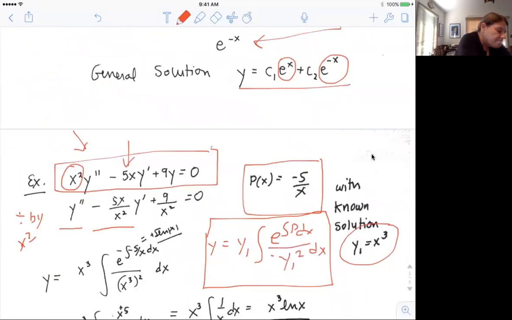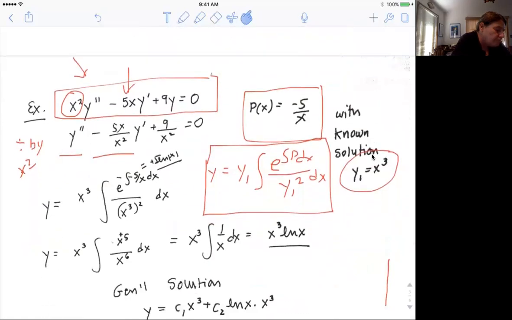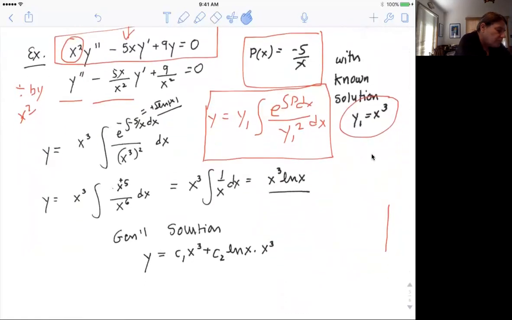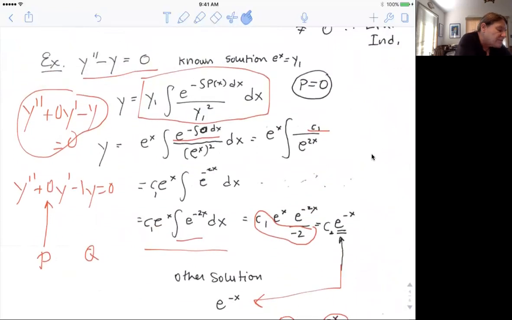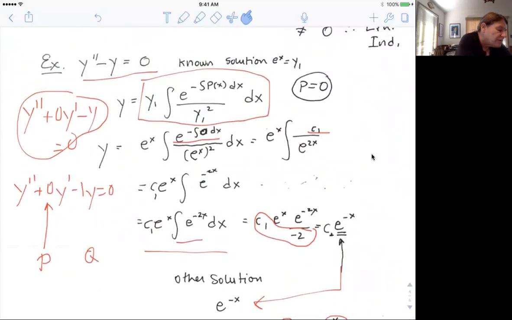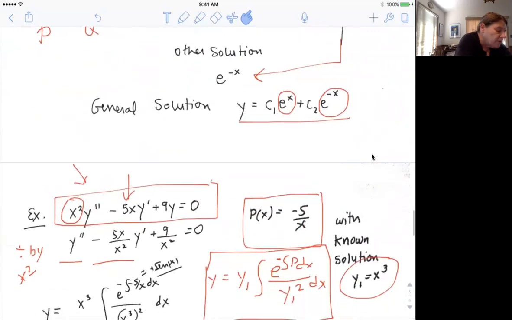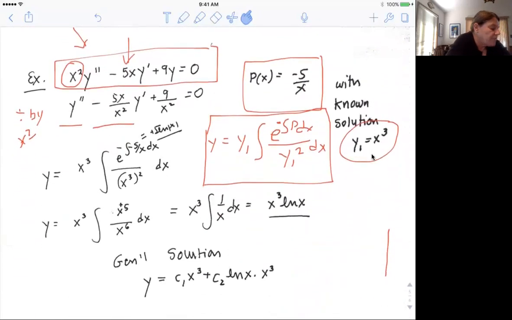Okay, so that's my formula. So I'm gonna start plugging into it. Sorry, and I left out, there was a minus right there in the formula. You see, there was a minus in the formula right there. I accidentally left it out. Okay, so there's the formula.